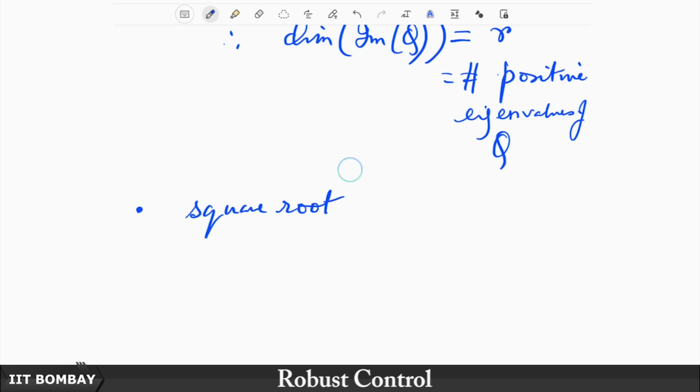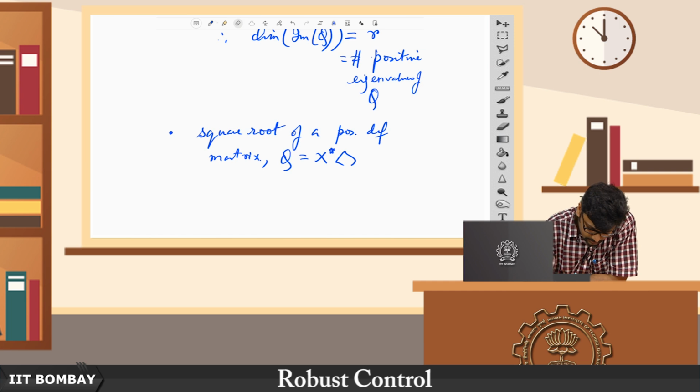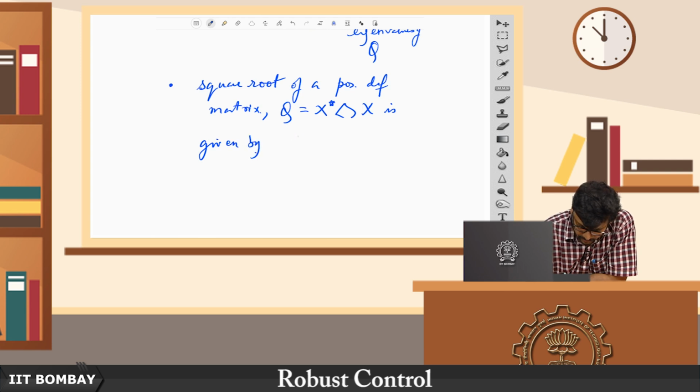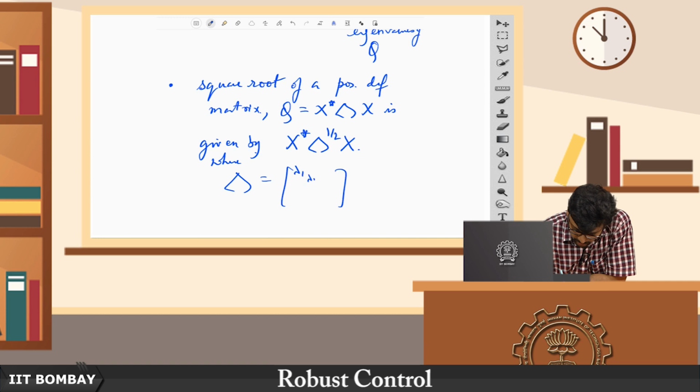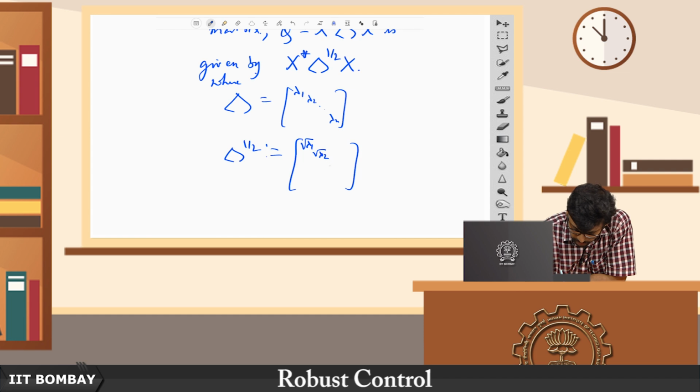The square root of a positive definite matrix Q equal to x Hermitian lambda x is given by x Hermitian lambda to the power half times x, where lambda is lambda 1, lambda 2 till lambda n, and lambda to the power half is defined as square root of lambda 1, square root of lambda 2, all positive square roots.